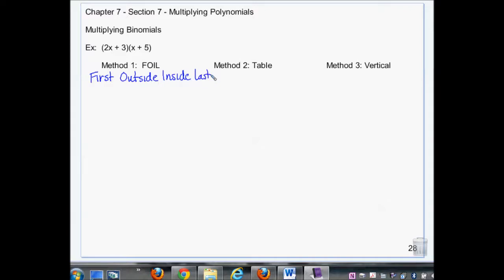And what that stands for is that I'm going to multiply the first terms in the binomials first. So this is first, 2x times x gives me 2x squared.